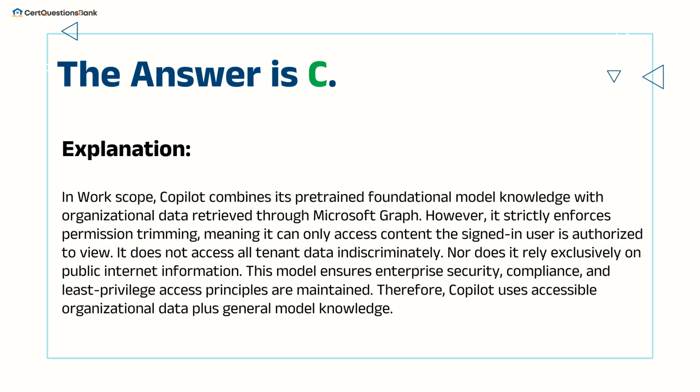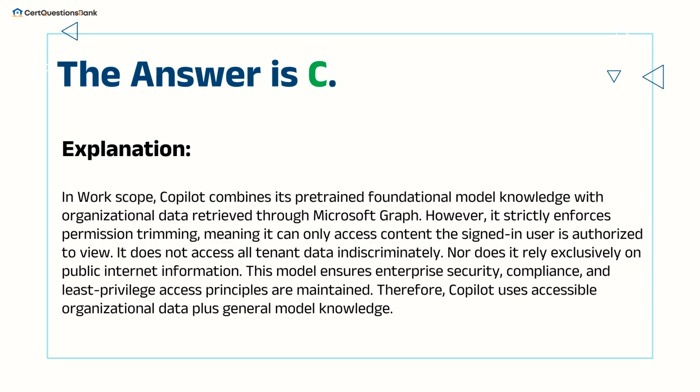The answer is C. In work scope, Copilot combines its pre-trained foundational model knowledge with organizational data retrieved through Microsoft Graph. However, it strictly enforces permission trimming, meaning it can only access content the signed-in user is authorized to view.